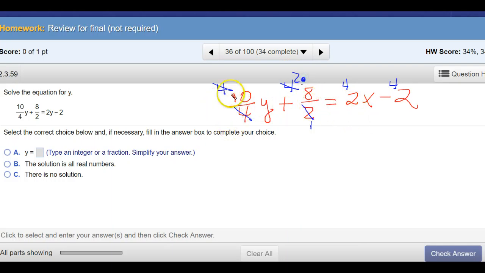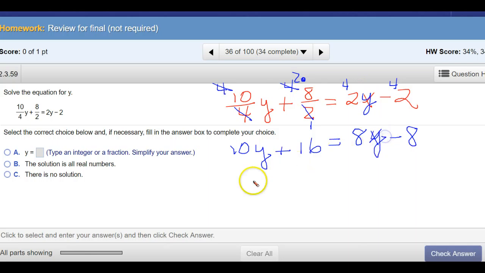All right, now we're going to go 1 times 10y is 10y. 2 times 8, so what we have left is 16. And this is 8x minus 8. Well, what did we have here? I put a y there.